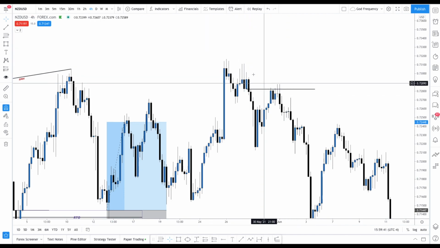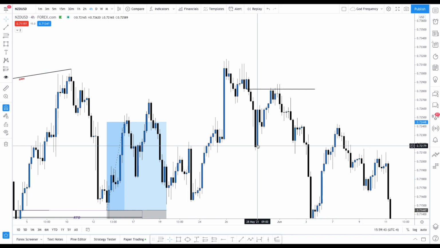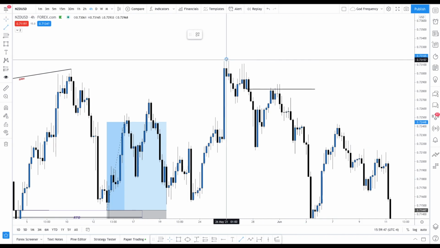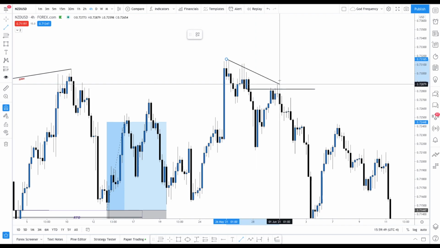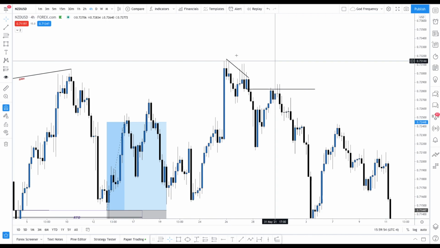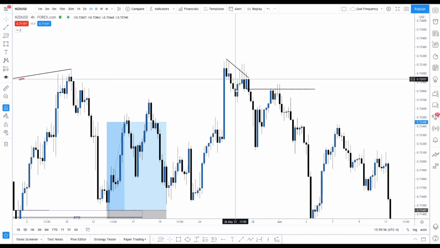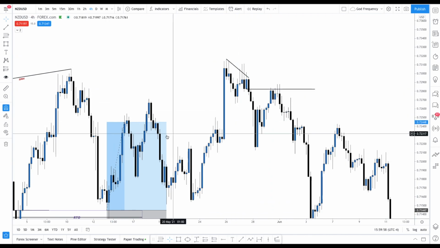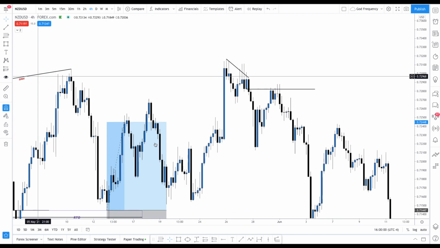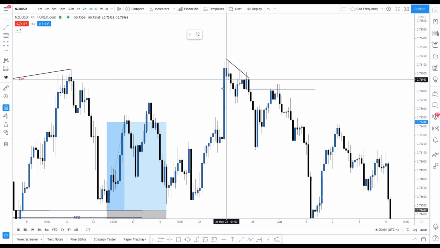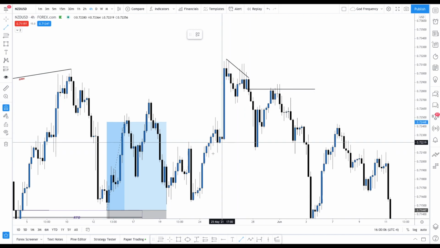So now you get a shift in market structure. Okay, I see a shift in market structure here. But I see that break in market structure. I see that this break, it broke this structure.